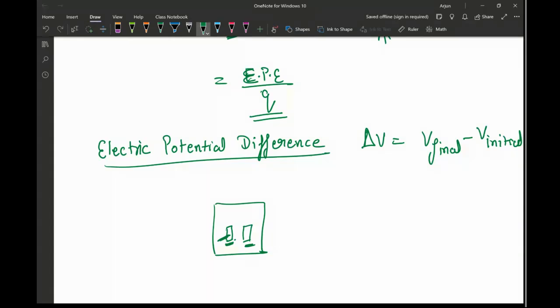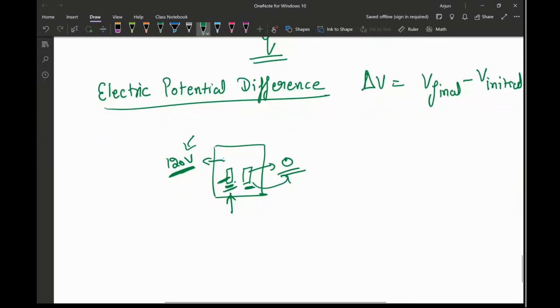I'm going to take some random numbers here. Let's say the volt here is 120 and at the other is 0. Because there is a difference between these two, one has an electric potential of 120 volts, another has 0 volts. That's why the current flows in the circuit.